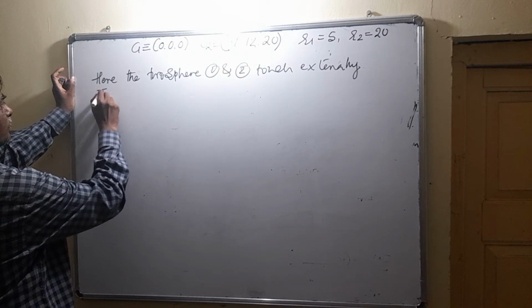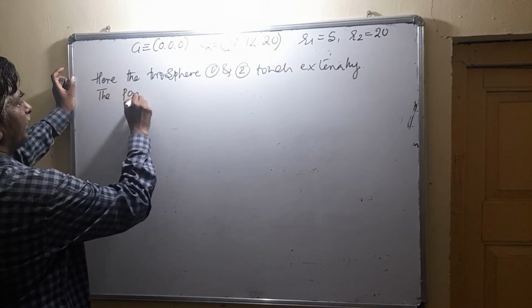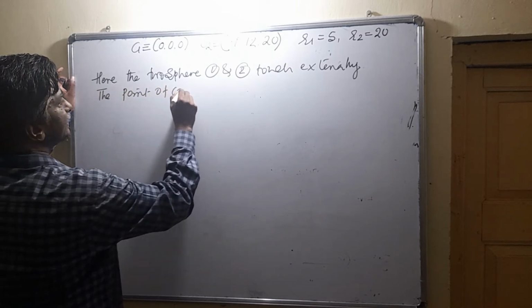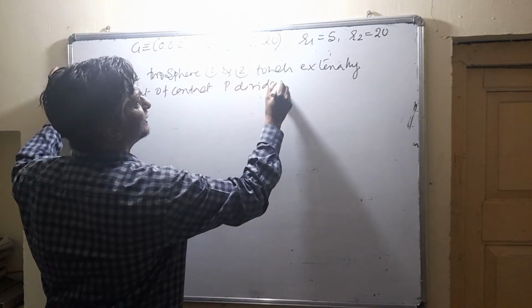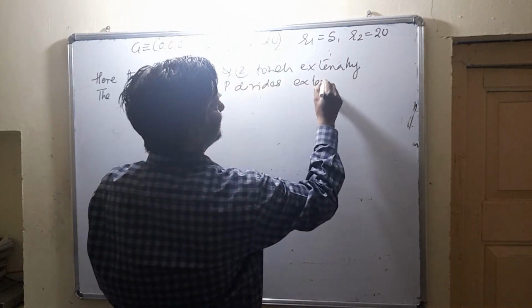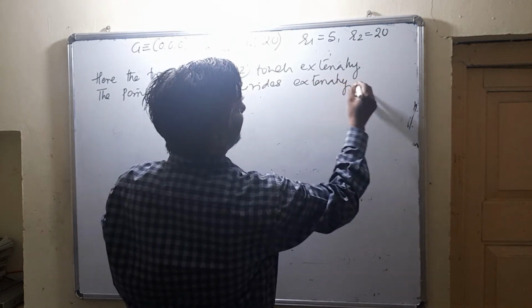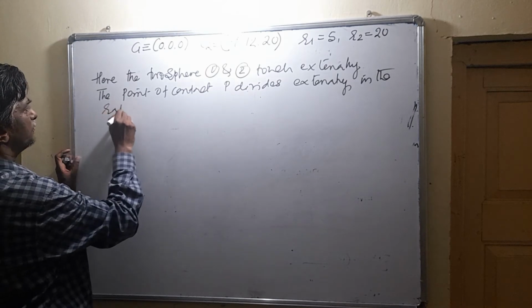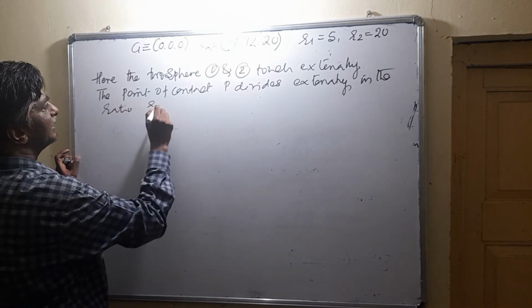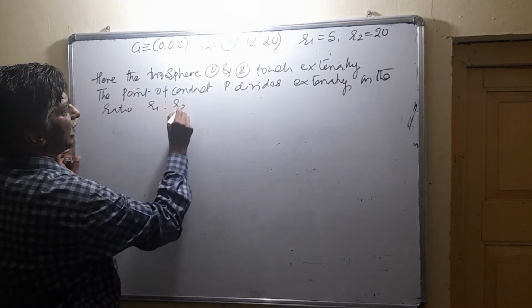The point of contact P divides externally in the ratio R1 is to R2.